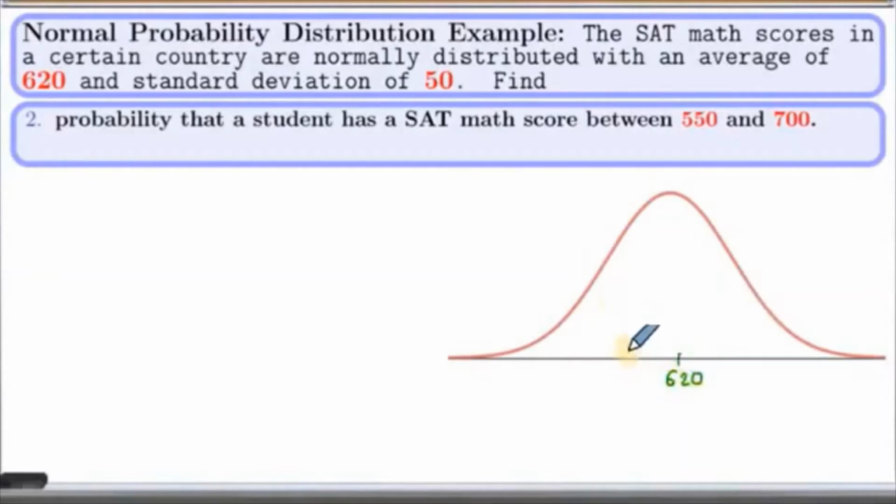So let's say our 550 is here and our 700 is here. So we are interested in this area in between 550 and 700. This area in between.